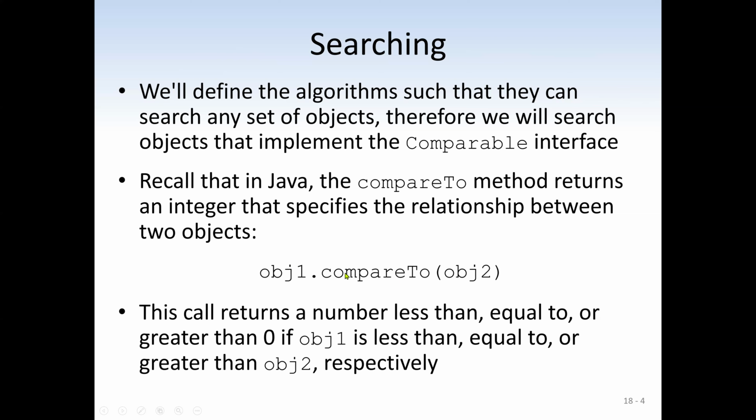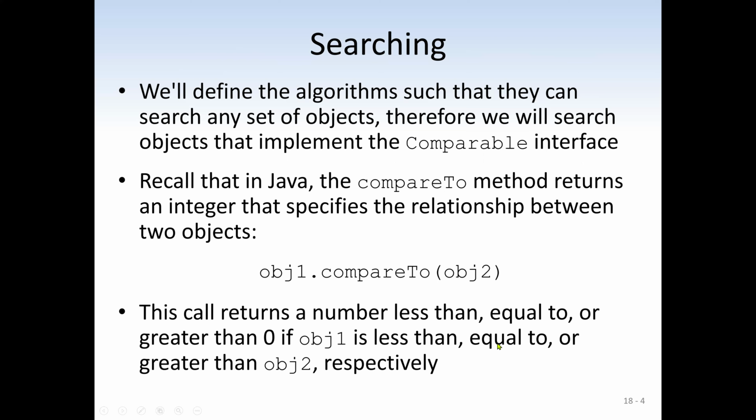Now, if object 1 is greater than object 2, then it's going to return a positive value. If object 2 is greater than object 1, then it's going to return a negative value. So here we say this call returns a number less than, equal to, or greater than 0. If object 1 is less than object 2, it returns a value less than 0.